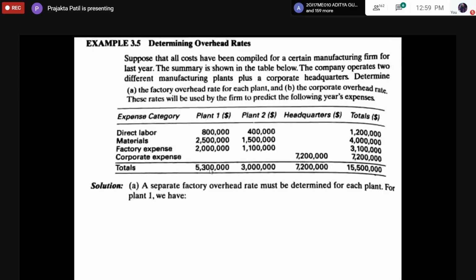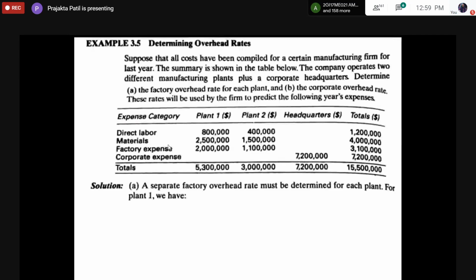So first let us find the factory overhead rate for plant number 1. If you consider the data given under plant number 1, you have the direct labor cost as 8 lakhs. Sorry, it is all given in dollars. Then material cost, we are not considering. We are not solving the factory overhead rates by considering material cost. We are considering it with respect to direct labor cost.